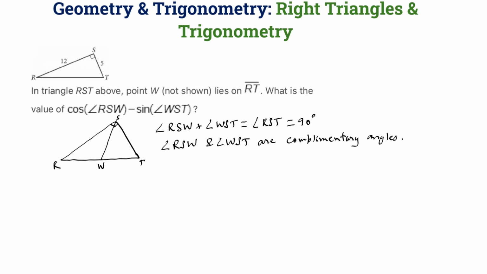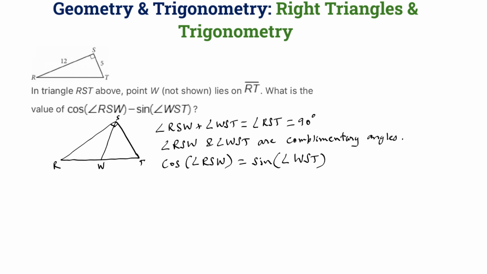So a trigonometric identity for complementary angles exists where the cosine of one angle is going to be equal to the sine of the other angle in the complementary angles. So that means that the cosine of angle RSW is going to be equal to the sine of angle WST.